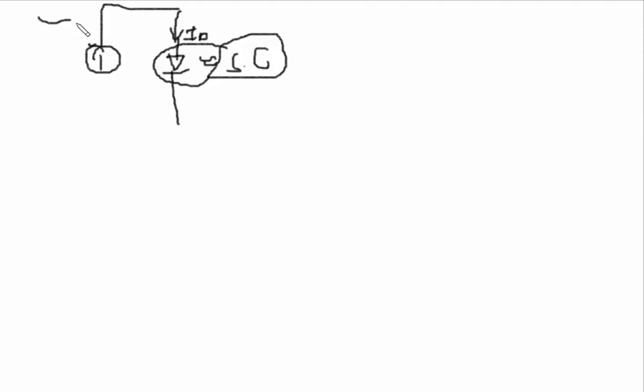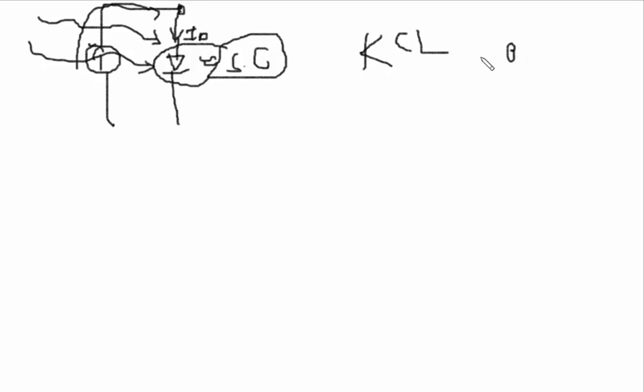Basically a photon is incident in this direction, so we can simply call it this direction. So this forms a node. So according to KCL, the current entering a particular node is equal to the current leaving from that node.